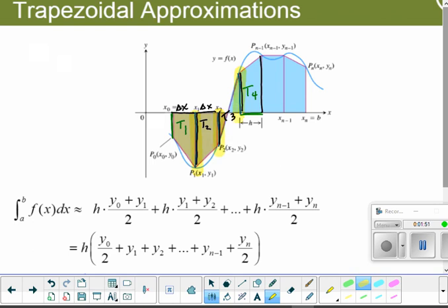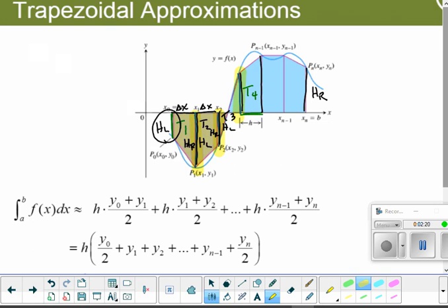Every interior height gets used once as a height on the right, and then it gets used again in the next trapezoid as a height on the left. The very first one is a height on the left, never utilized more than once. And then I finish with a height on the right, and it only gets utilized once as well.